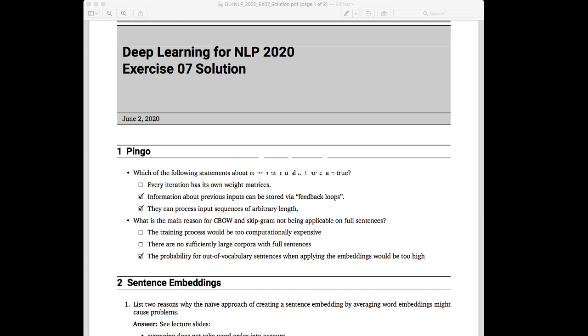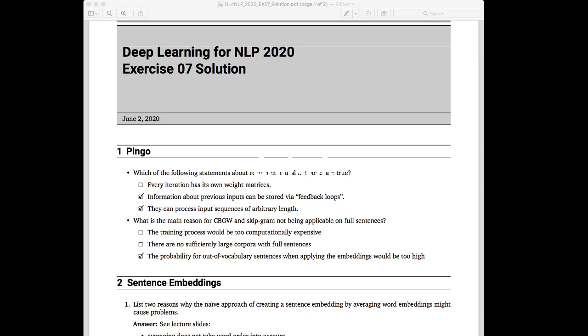Then other previous inputs can be somehow memorized and fed into the model to process. The last point is that we can process input sequences of arbitrary lengths, which is also correct because we can use padding techniques to reshape variable-length input sequences into ones with the same length.